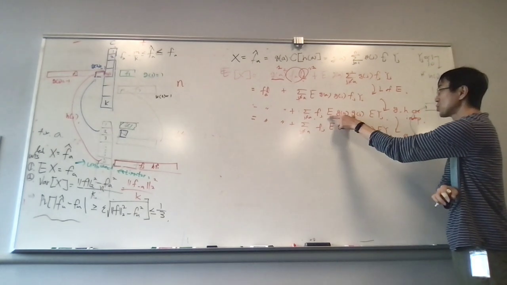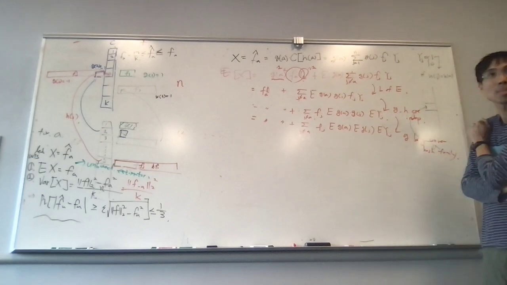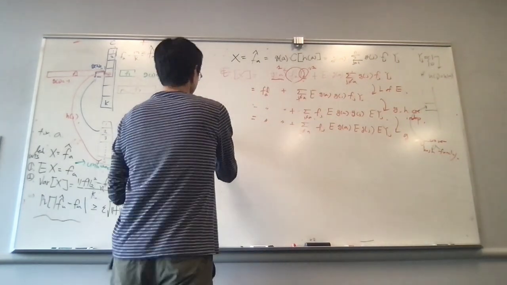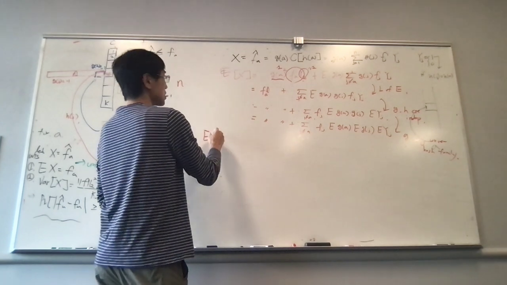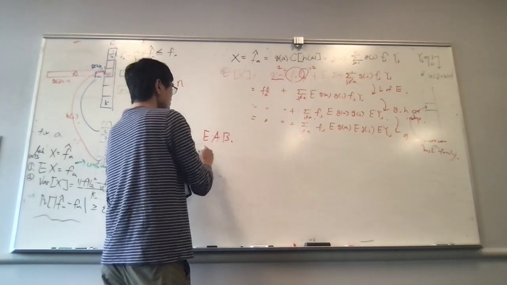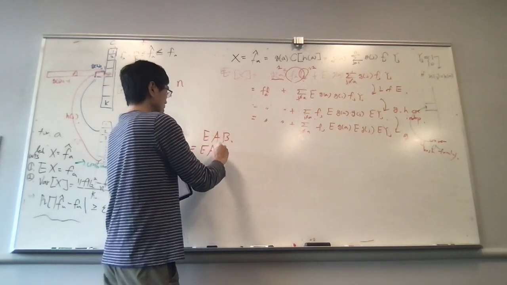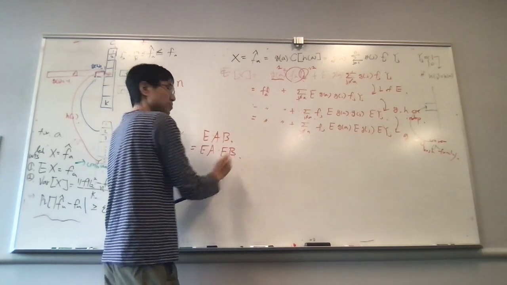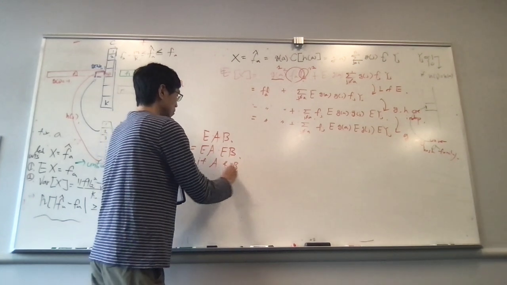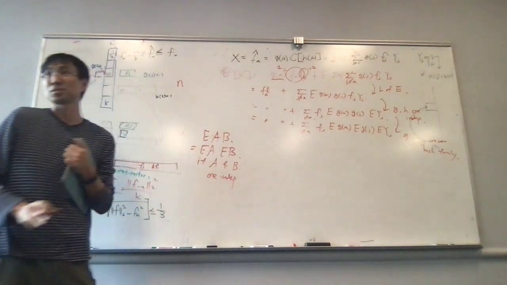Therefore, you can separate this. I guess I can use AB: suppose you have the expectation of AB, if these two are independent.